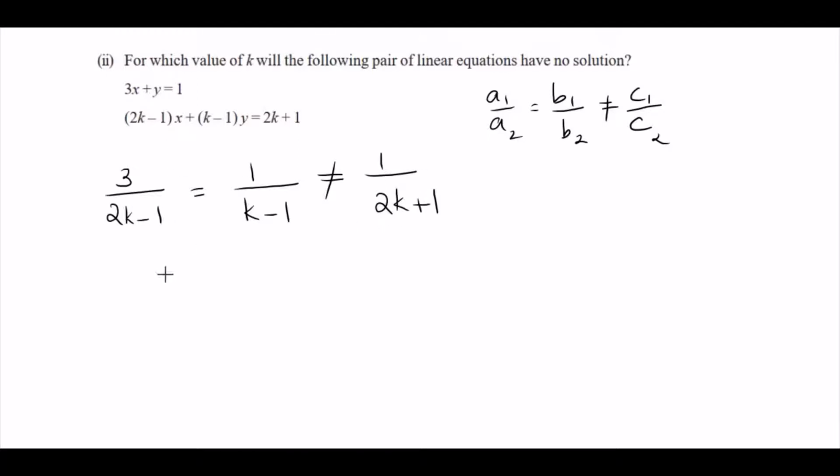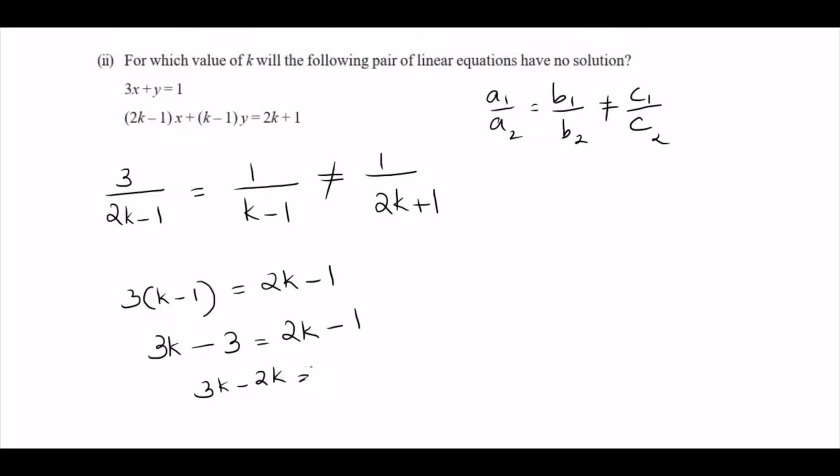So take these two ratios, you will get 3k minus 1 is equal to 2k minus 1. So 3k minus 3 is equal to 2k minus 1. So 3k minus 2k is equal to minus 1 plus 3, that is k is equal to 2.